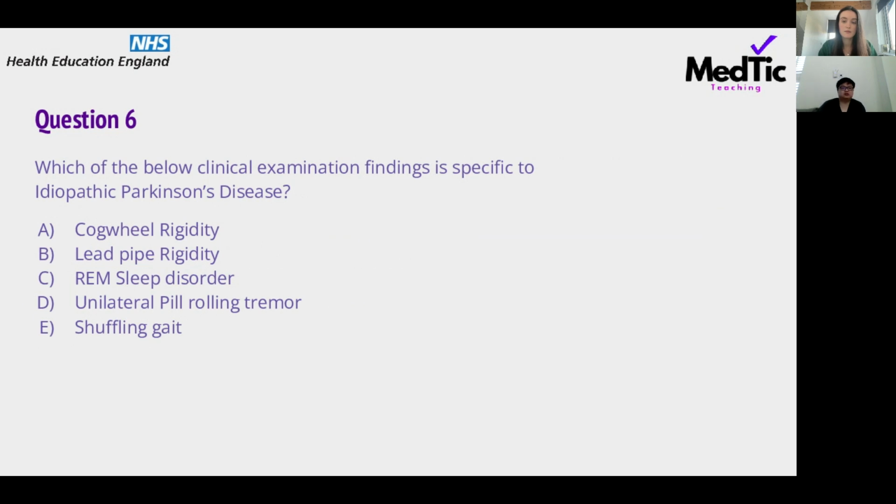So this next question is asking which of the below clinical examination findings is specific to idiopathic Parkinson's disease, and the key term here is specific. I'll let you have some time to get the question and see what answers everyone puts down.